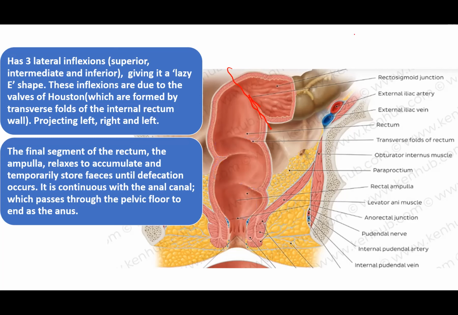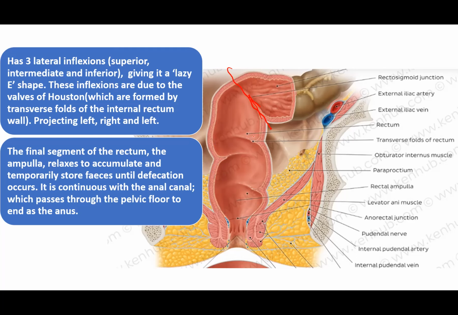We said it has three inflections: the superior, which we saw, the intermediate, and the inferior, giving it a lazy S shape. These inflections are due to the valves of Houston, which are formed by transverse folds of the internal rectal wall, projecting left, right, left.